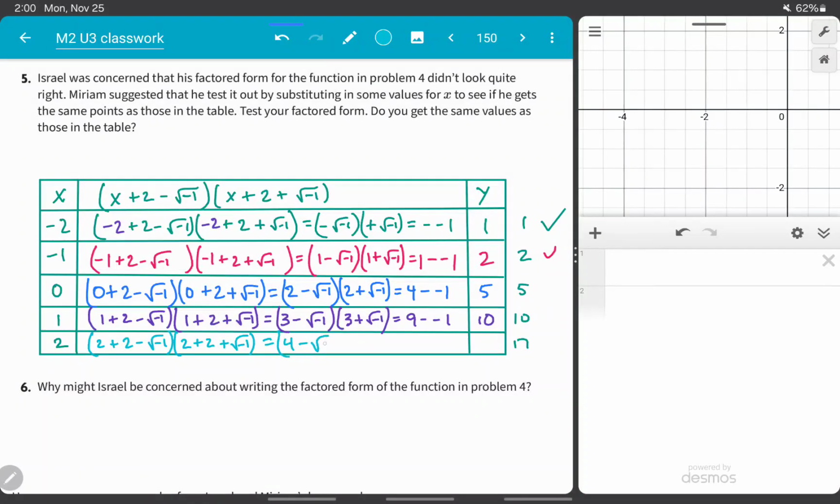So I'm going to have 4 minus square root of negative 1, 4 plus square root of negative 1. So the 4 times 4 is going to get me the 16, and the square root of negative 1 times square root of negative 1 is going to get me the negative 1. This is a difference of squares, so I do the subtraction. 16 minus negative 1 is 17. So all of these checked out.